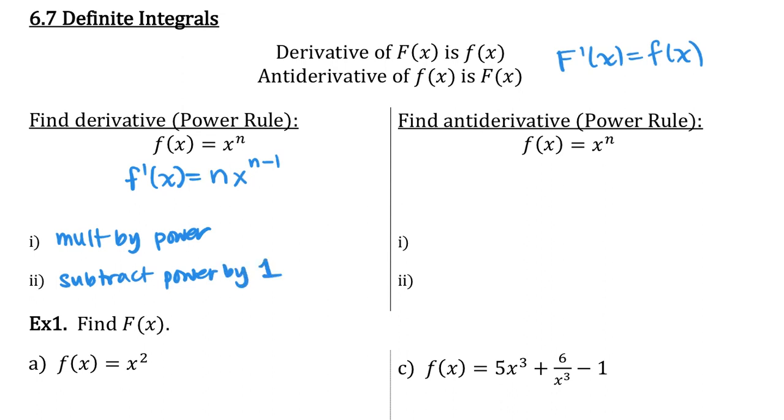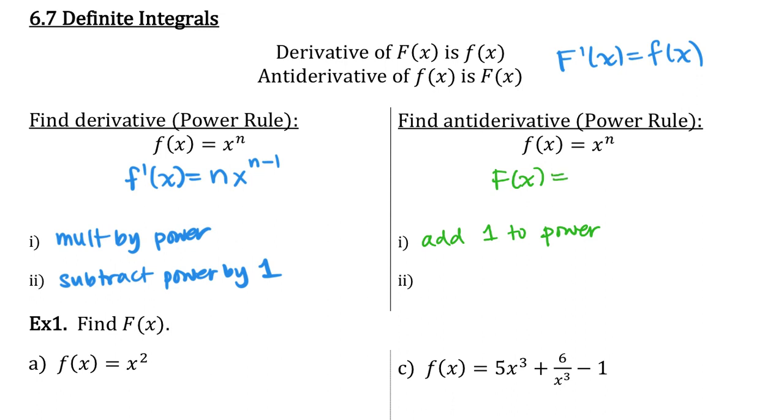We want to find the antiderivative. So if I'm given f prime of x, I want to go back and figure out what the antiderivative is. So we're going to do this backwards. If this is the derivative, how do I go back and find the original function? Well, I know I subtracted 1 from the power, so I'm going to add 1 to the power. I'm going to use capital F of x to show the antiderivative.